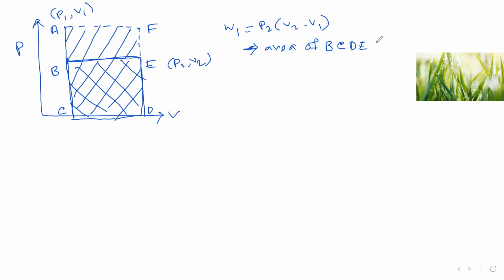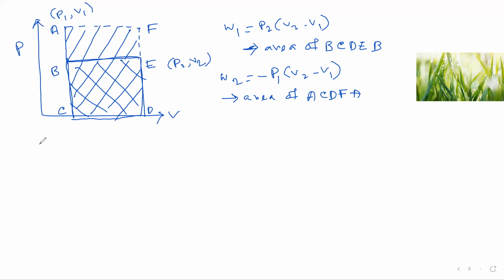And W2 is equal to minus P1 into V2 minus V1. This is denoted by the area of ACDFA, the whole thing. Okay.